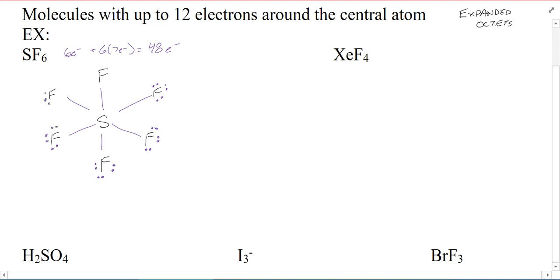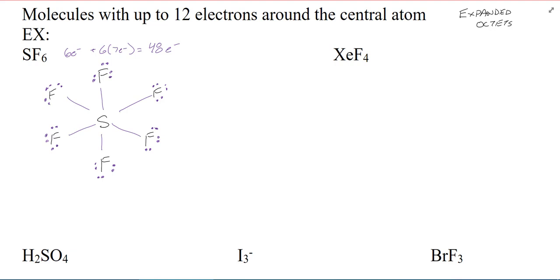And you know that all these fluorines will have 6 dots around them. And that'll be good. And that's SF6. Just like that. The molecule exists. It's actually used in a type of fire extinguisher. So 12 electrons, but it works.